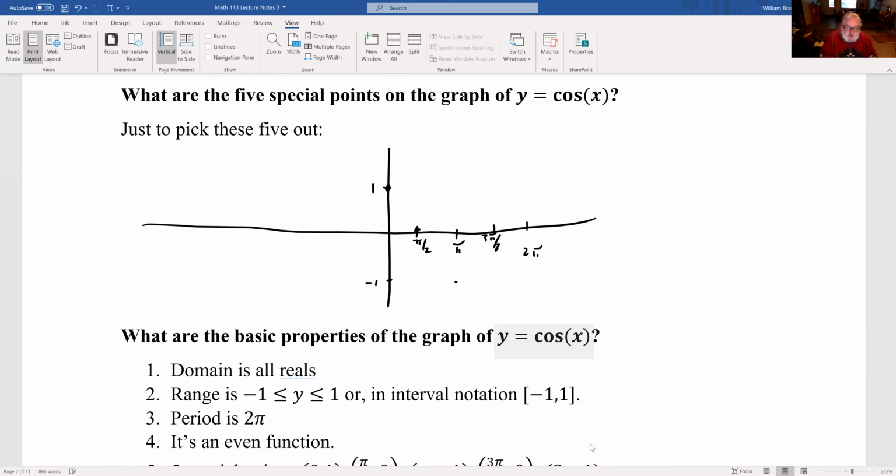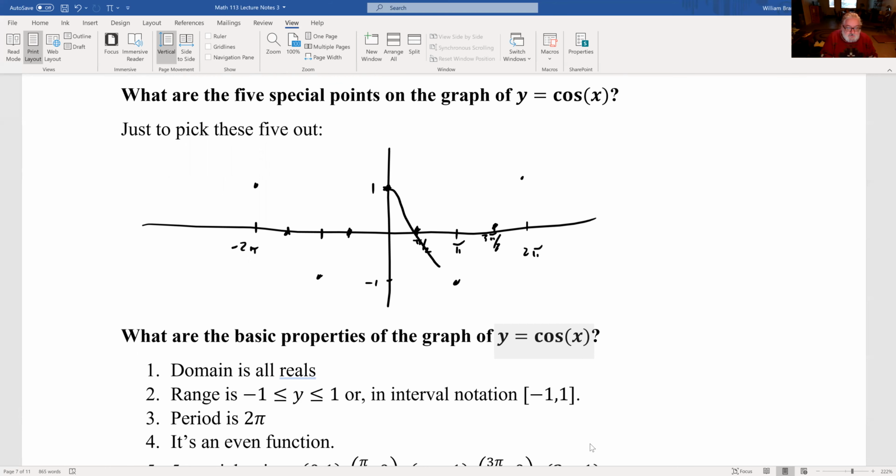Positive, 0, negative, 0, positive. And if we go to negative 2 pi, we get the same things. Running left to right, that would be positive, 0, negative, 0, positive.